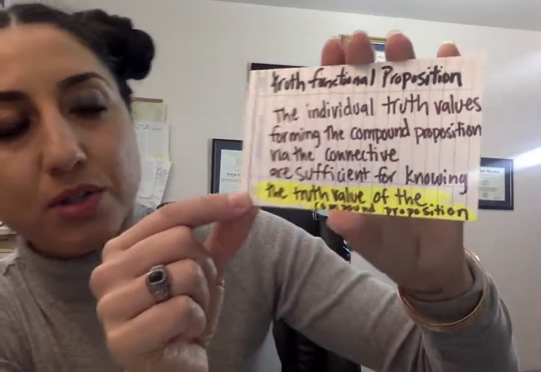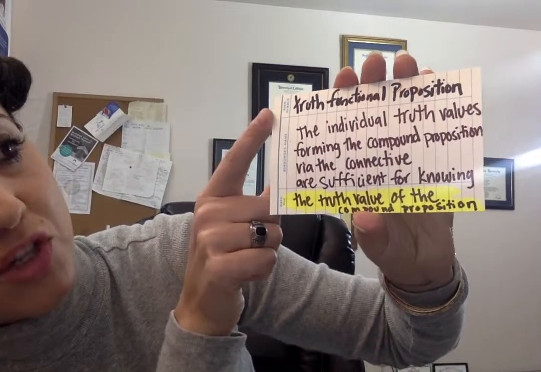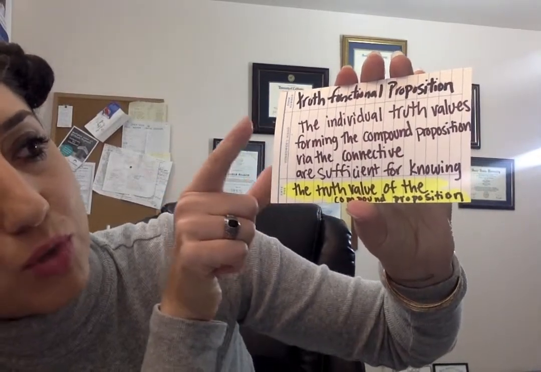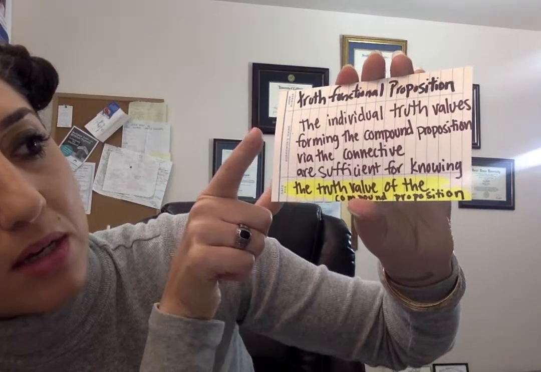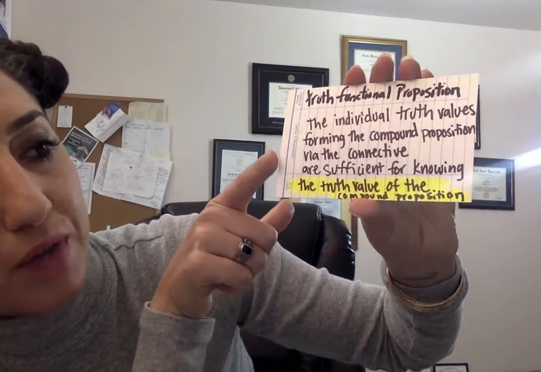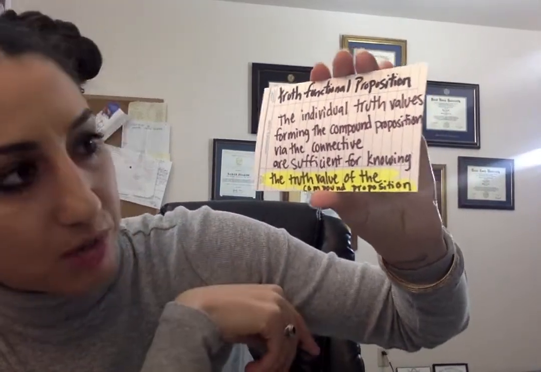In other words, a proposition is a truth functional proposition if and only if the individual truth values forming the compound proposition via the connective are sufficient for knowing the truth value of the compound proposition.